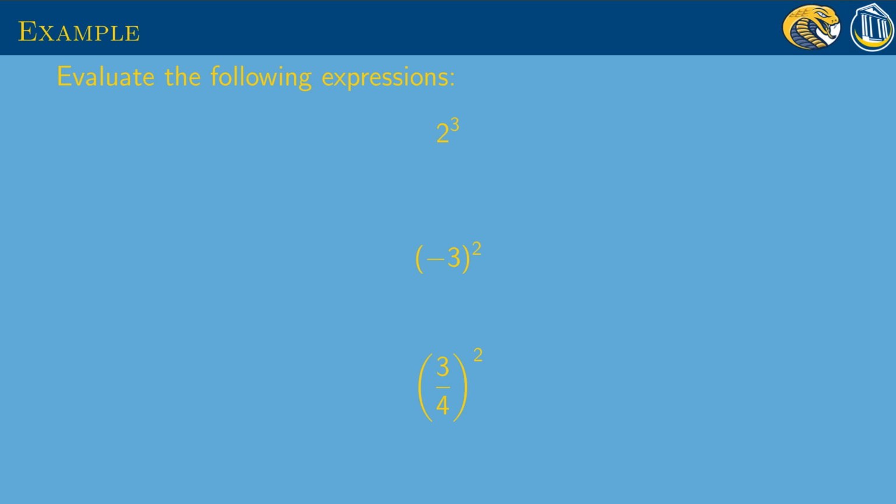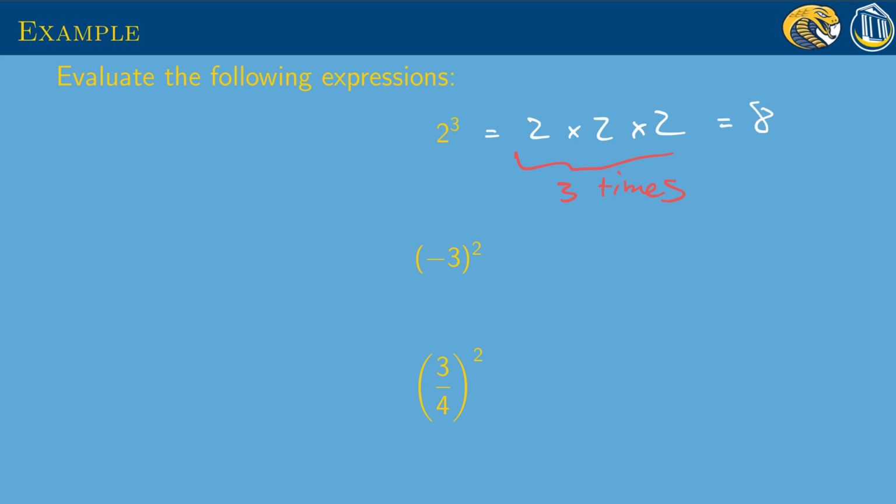For example, 2 to the 3, that would be 2 times 2 times 2, 3 times, and we can do that in our head. 2 times 2 times 2 is 8. That means 2 to the power of 3 is 8.